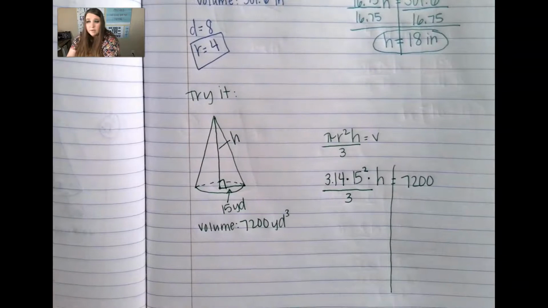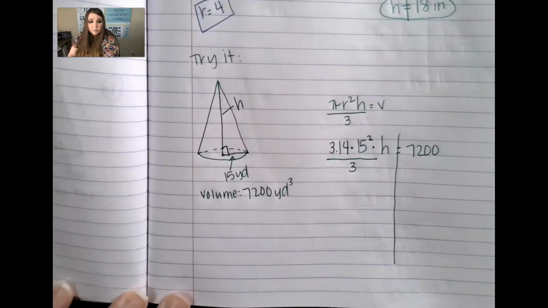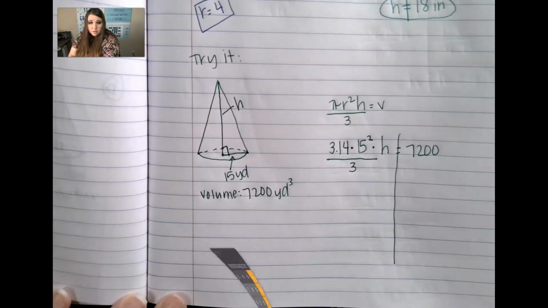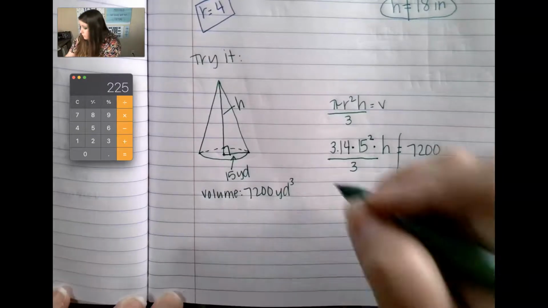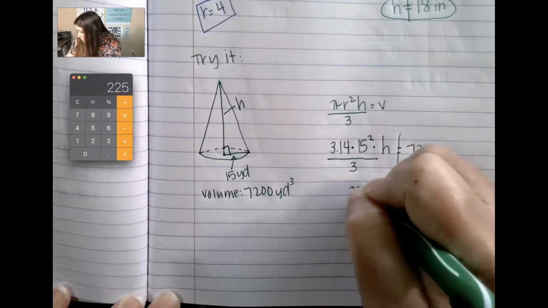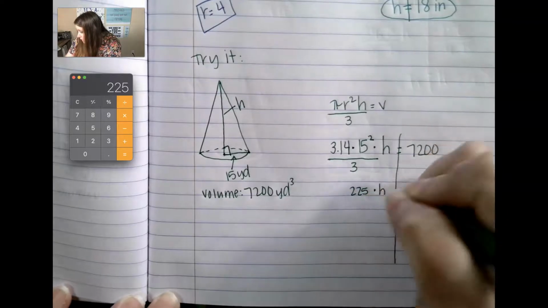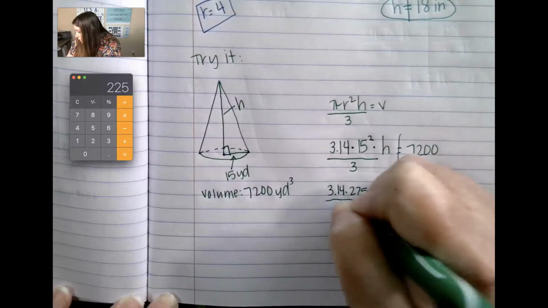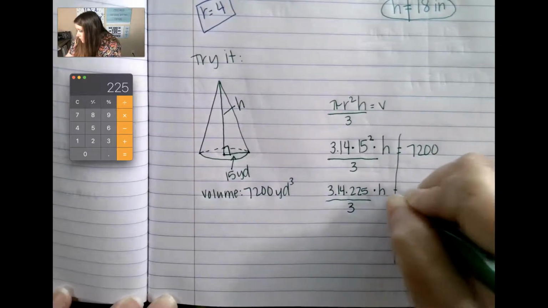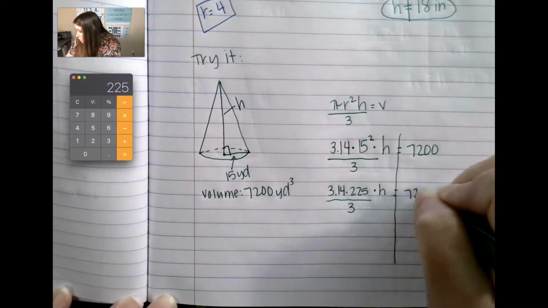All right, 15 squared is what we're going to solve first. You might know what 15 times 15 is really quickly in your head. If you don't, use your calculator. 225 times the height times 3.14. Divide by 3. This is all going to equal 7,200.